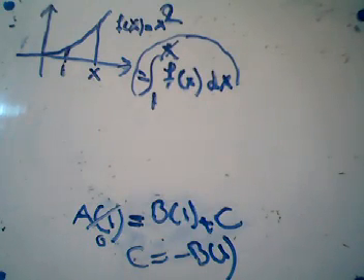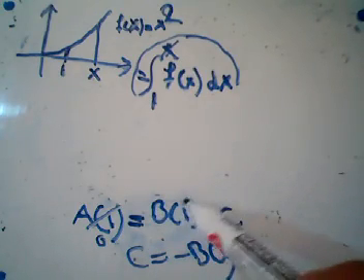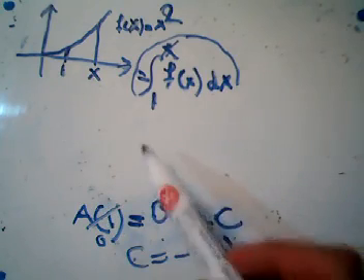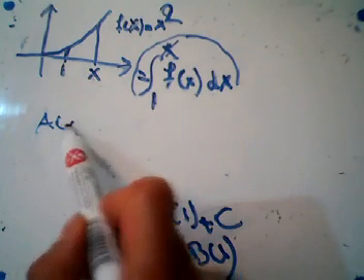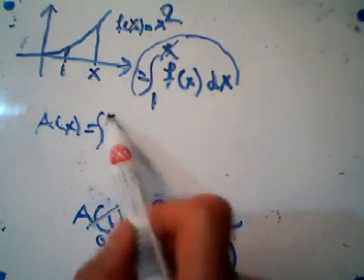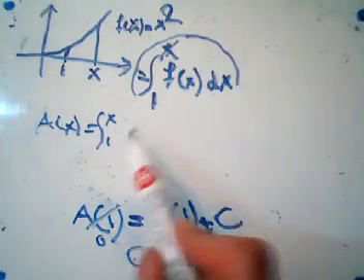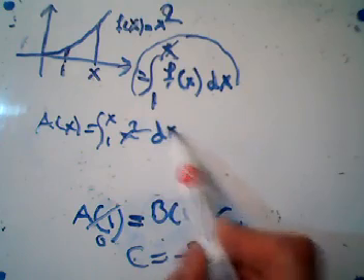Okay, you might wonder here, from the previous video, this A of x, 1 over x, let's say x squared dx.